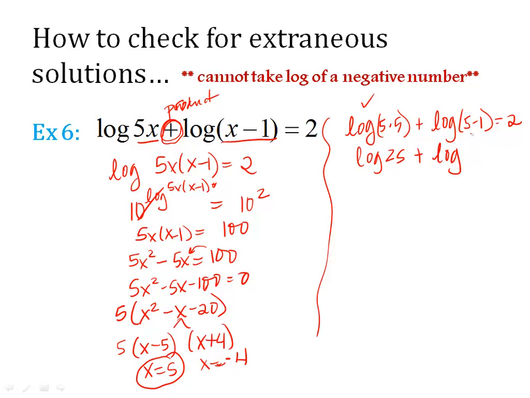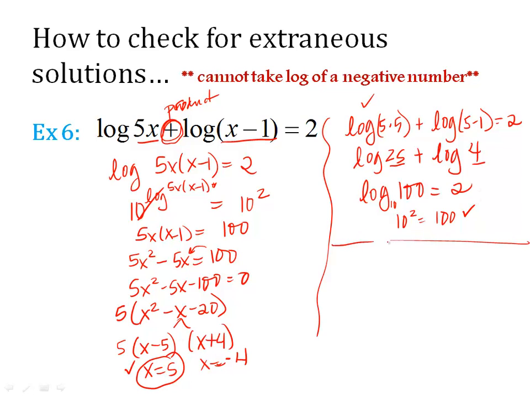The log of 5 minus 1 is 4. Product rule says since these are added, I can really multiply 25 times 4. So really it's asking me, so log of 100, does it equal 2? Remember, what's the base of this log? That's really 10. So it's asking me, is 10 squared equal to 100? Yes. So 5 is a legitimate solution.